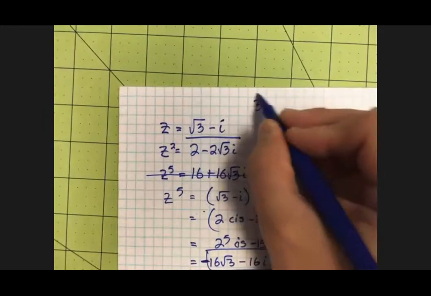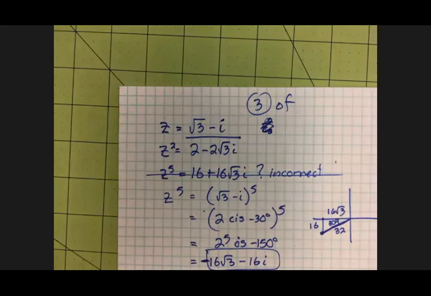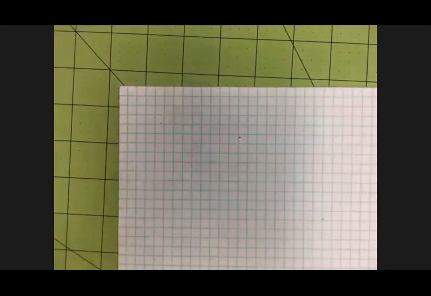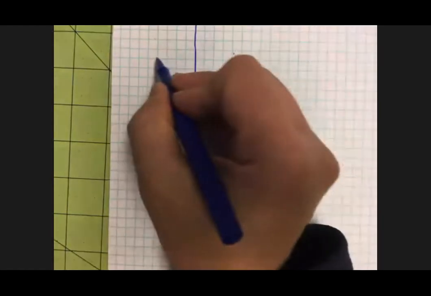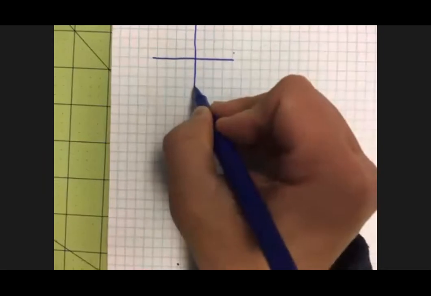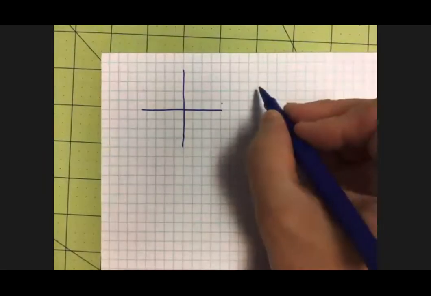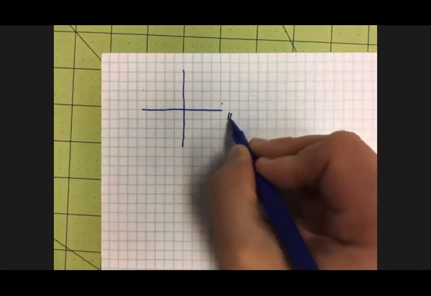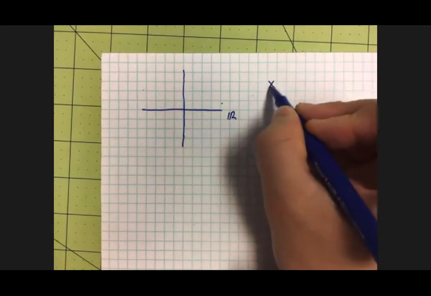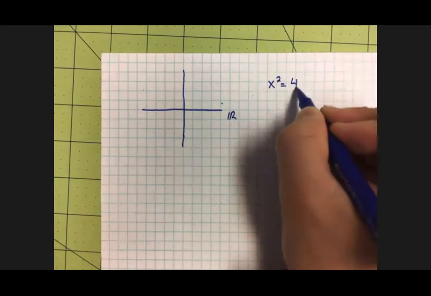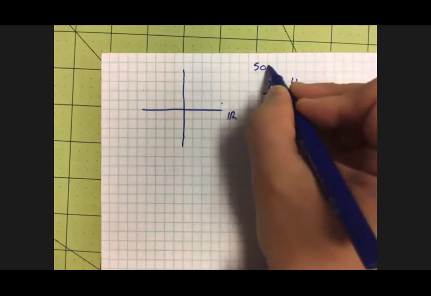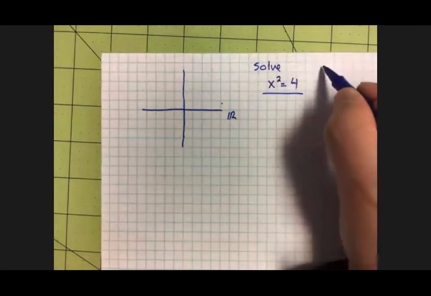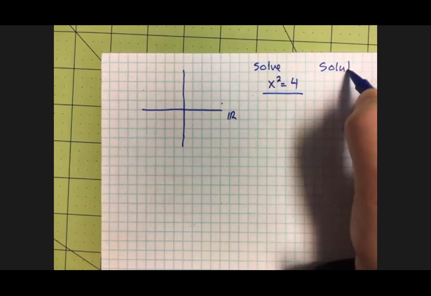Let me draw you another picture. Let me say it like this. If I was talking only about the real numbers, and if I asked you to solve this equation from your algebra class, you would come back with 2 answers.